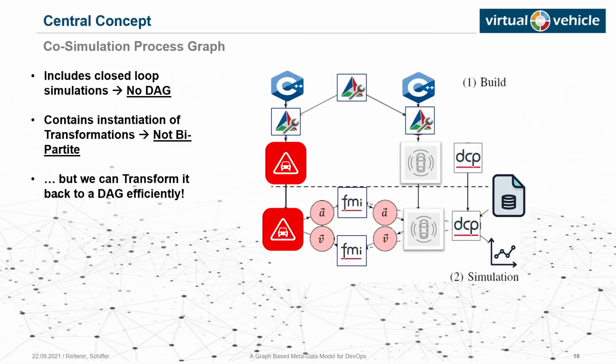We have, for example, two C functions and a build tool, which is deployed to build now a driving function, the sensor model, and then deploy in a simulation with the two FMUs and the DCP master. And then we also feed in some configuration and play back some results.